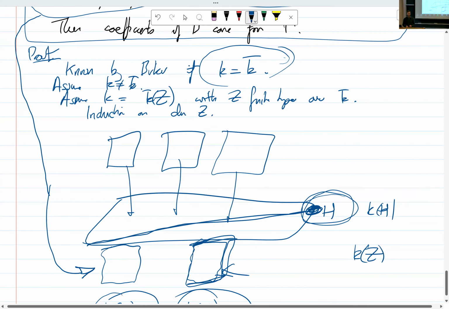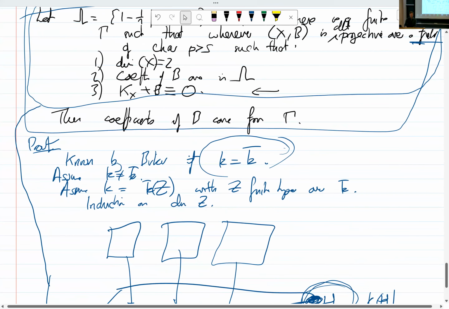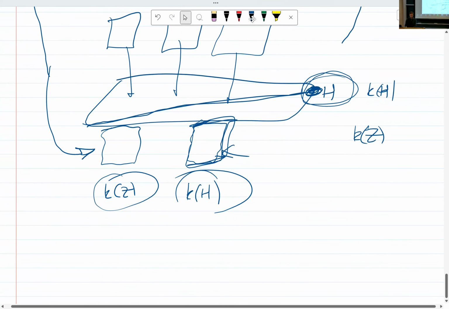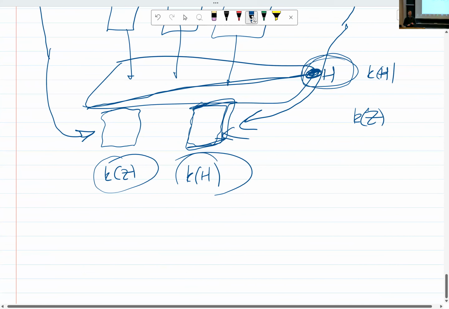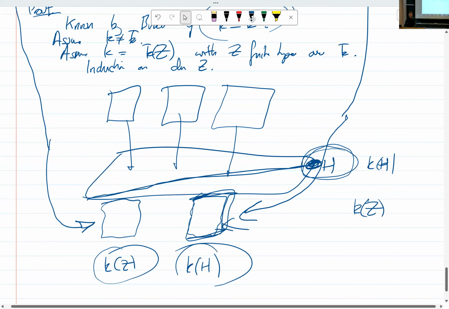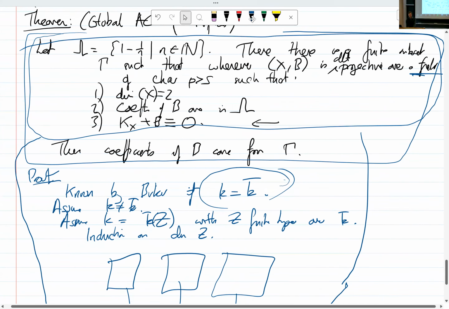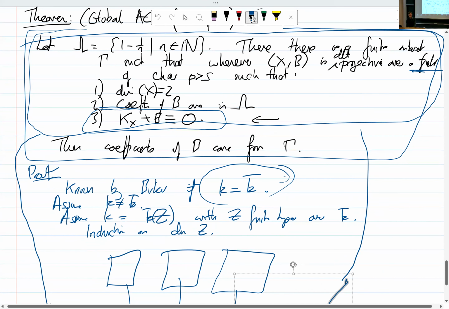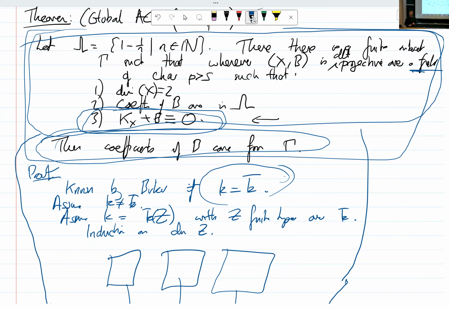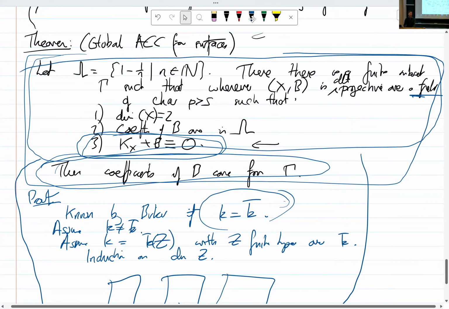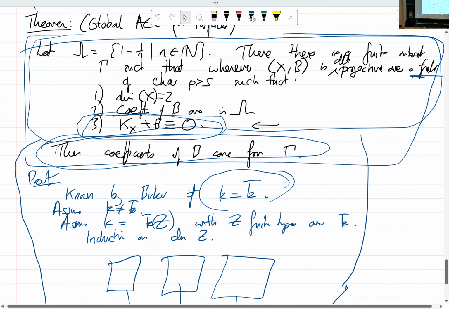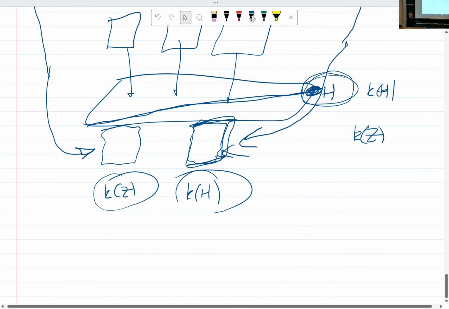We want to apply induction, so we want to end up with having this stuff on the special fiber. If we have it, what are we trying to conclude? We're trying to conclude that the coefficients of B come from this ACC set.